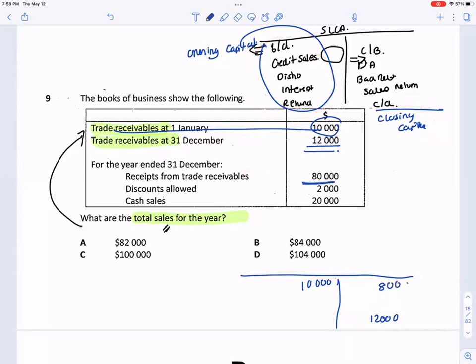Discount allowed, where will it come? Debit, right? Credit. Everything else on the credit. On the debit, only balance brought down, credit sales, dishonor, interest and refund.